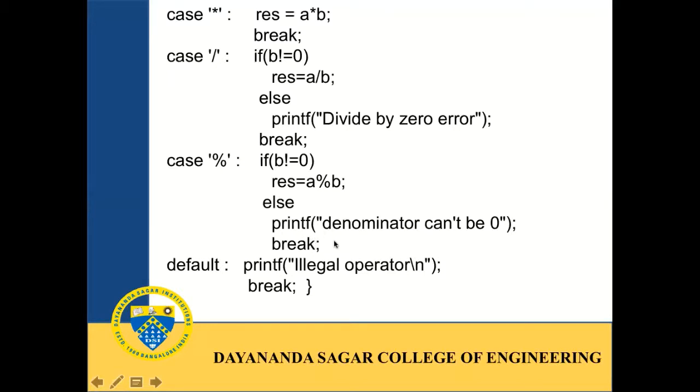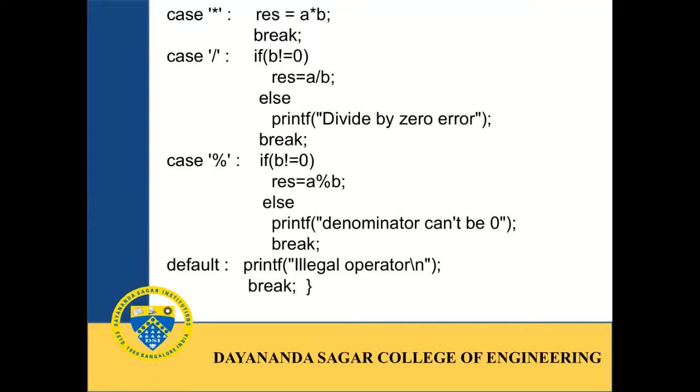Suppose the user enters some operator other than these 5 operators, then our execution should go to a default case, right? So if it is not plus, minus, multiplication, division or mod, then the default statement will get executed.